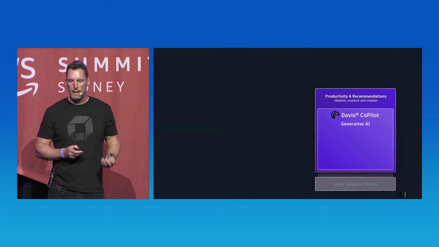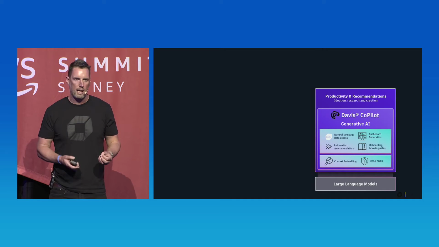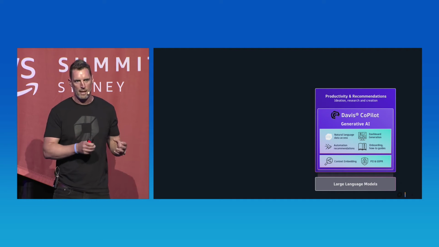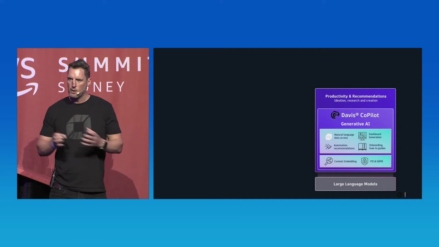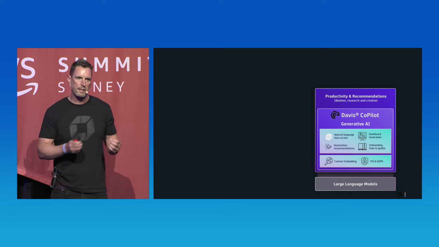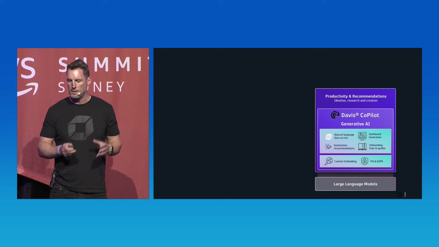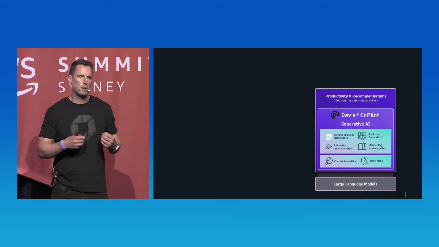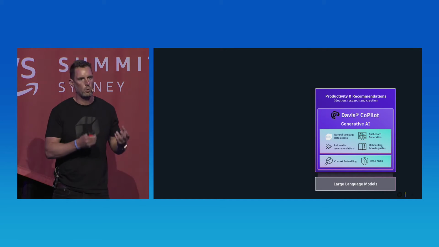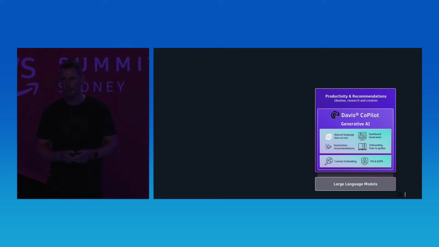Underpinning the Dynatrace platform is Davis AI, and we're not just on the AI bandwagon here. Our predictive and causal AI has always been a key differentiator for Dynatrace, spotting problems and fixing them quickly. But now with Copilot, we can talk to Dynatrace using natural language for data exploration use cases, for creating dashboards.